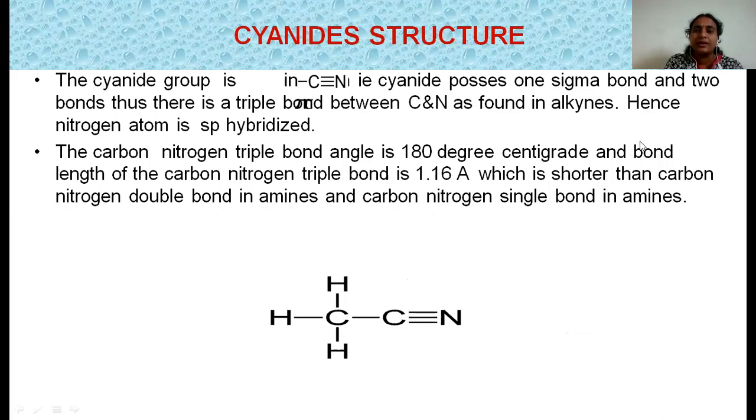And also, the bond length of the carbon and nitrogen is very small, because the total bond order is 3. Hence the bond length is very short, that is 1.16 angstrom.